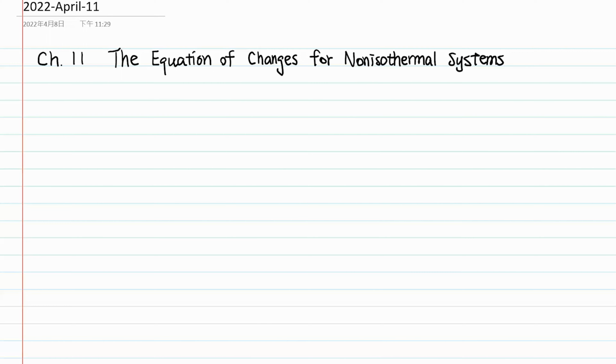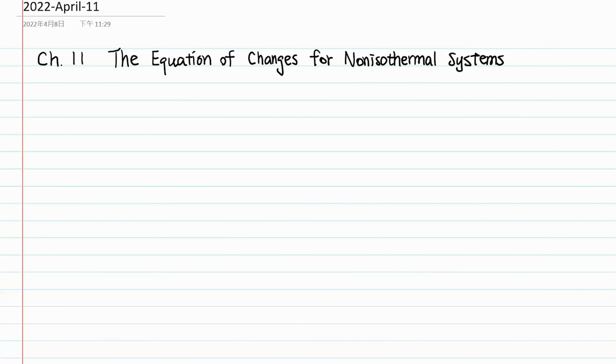In this chapter we are going to extend that discussion a little further to a more generic form, so that we derive an equation of changes for non-isothermal systems that can be very generic and easily applicable to different scenarios.